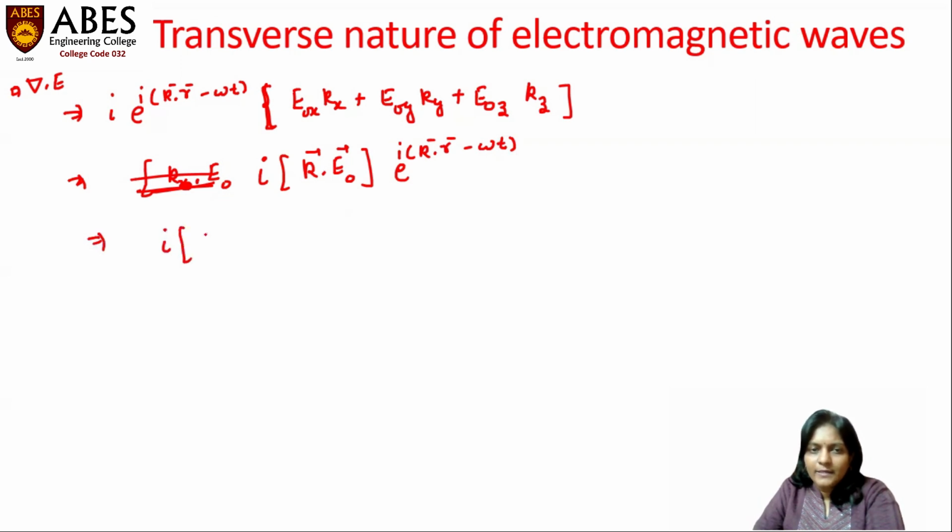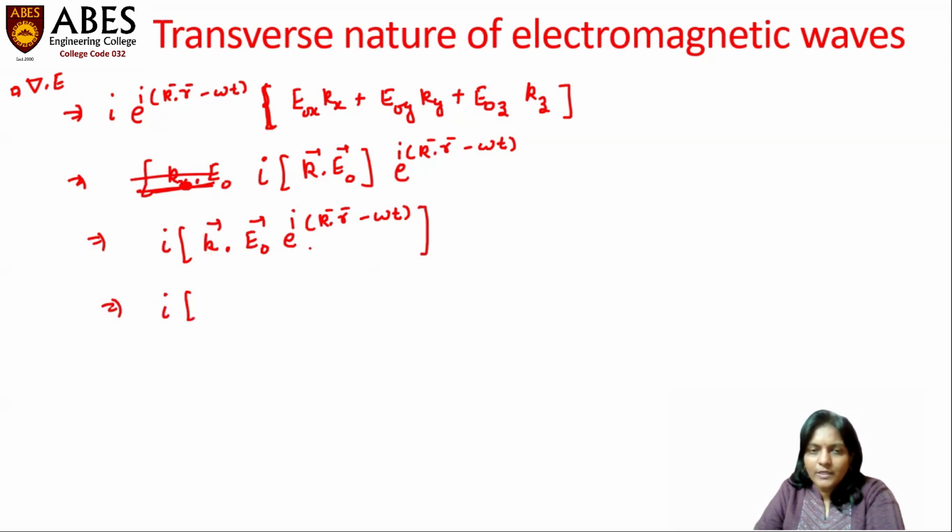Now this term i k dot is multiplied by the vector E0, so it becomes E0 e raised to the power i(k dot r minus omega t).